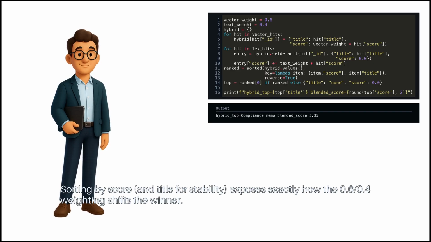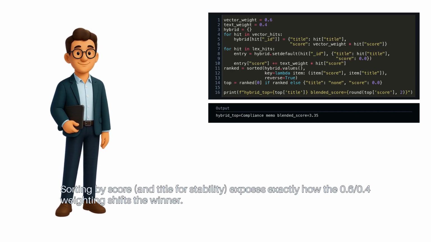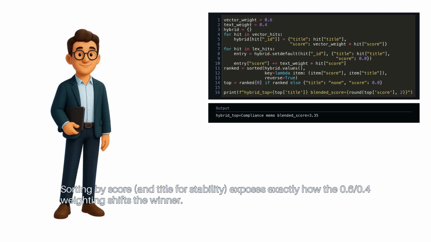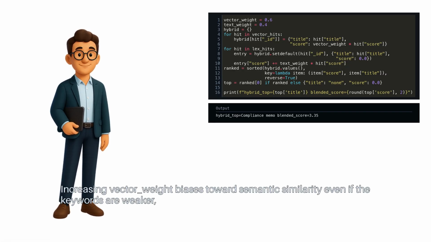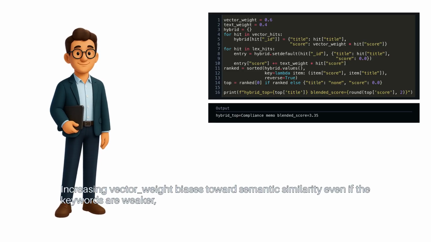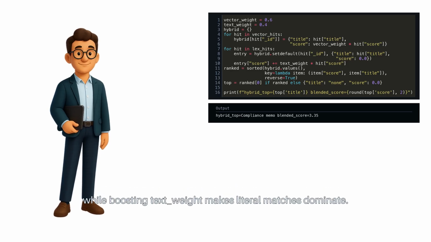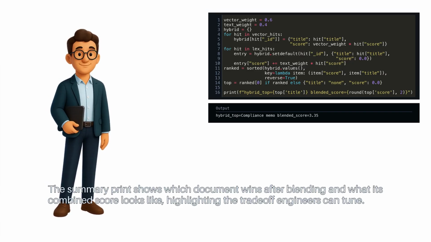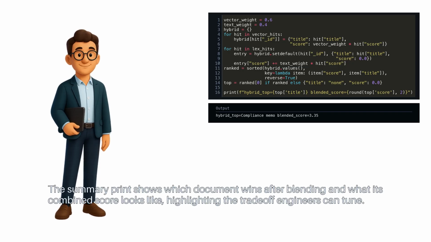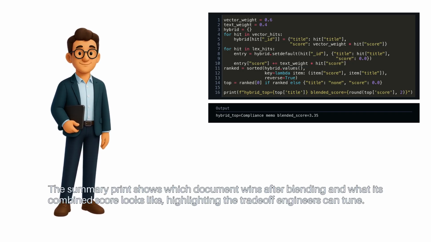Sorting by score and title for stability exposes exactly how the 0.6 versus 0.4 weighting shifts the winner. Increasing vector weight biases towards semantic similarity, even if the keywords are weaker, while boosting text weight makes literal matches dominate. The summary print shows which document wins after blending and what its combined score looks like, highlighting the trade-off engineers can tune.